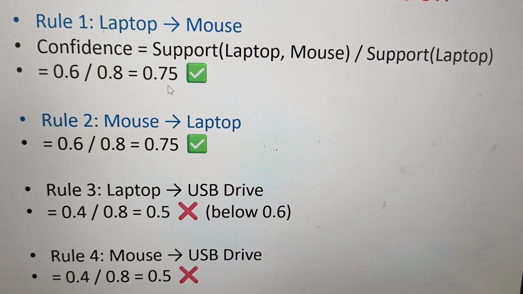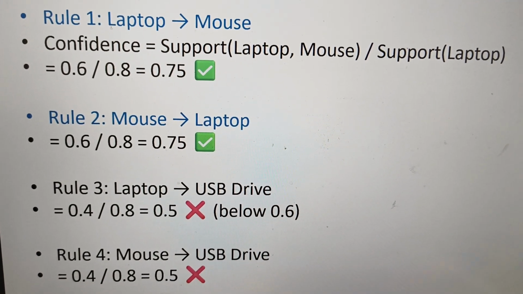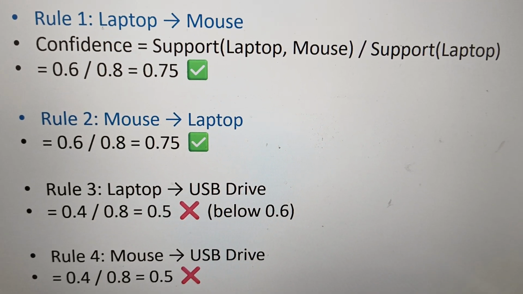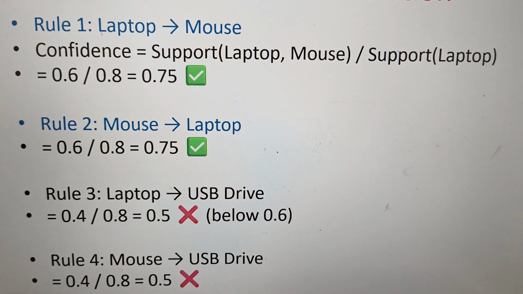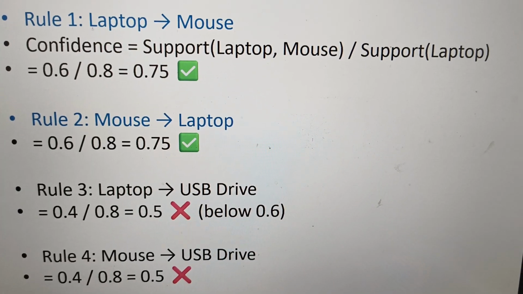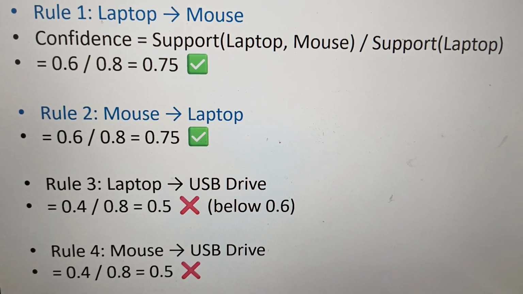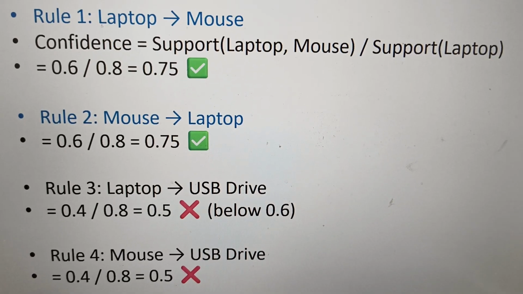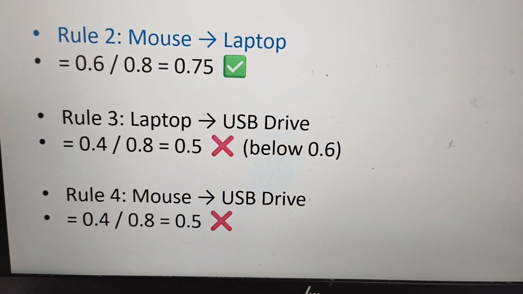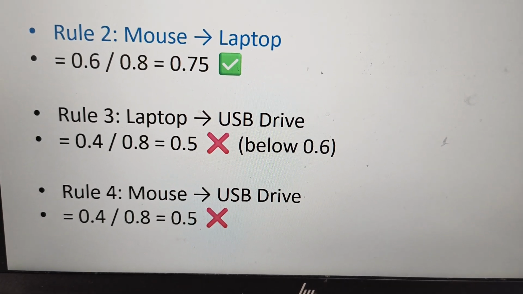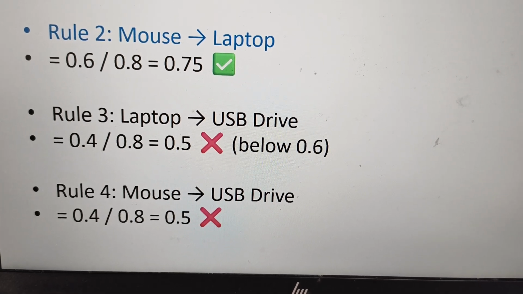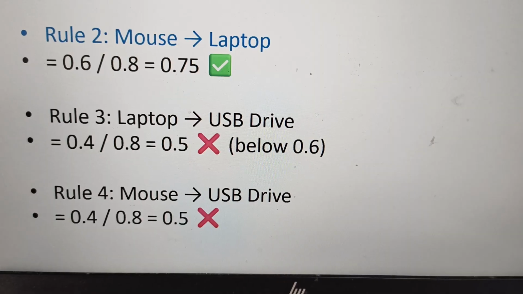Second one is mouse to laptop. So for mouse to laptop, the confidence value is the support value of mouse and laptop divided by the support value of the first item, that is the support of mouse. So it is 0.6 divided by 0.8, which is equal to 0.75. Rule 3, that is laptop to USB drive: the support value of laptop and USB drive is 0.4 divided by the support value of the first one, that is laptop, 0.8.